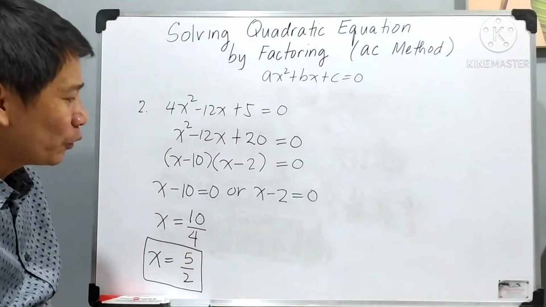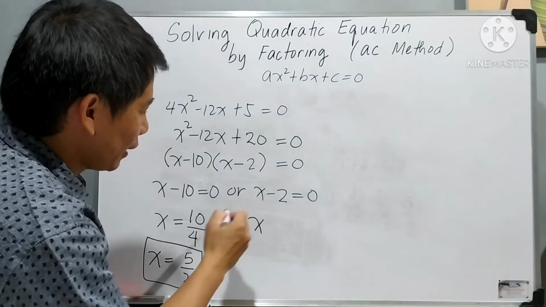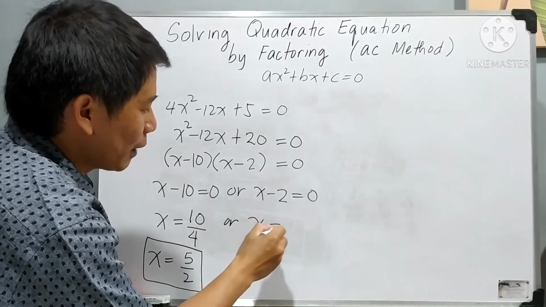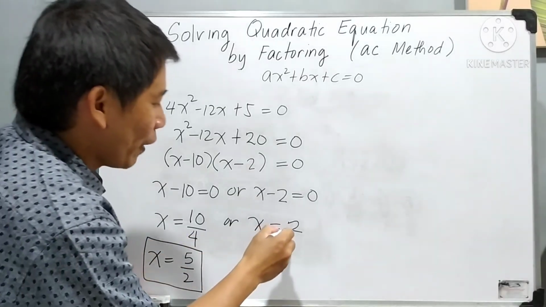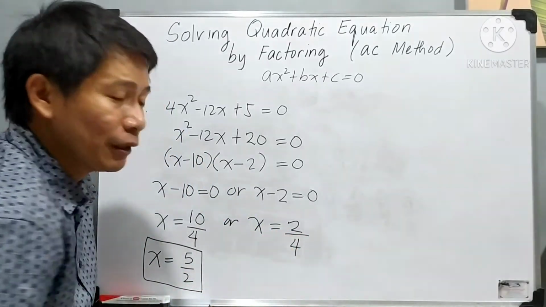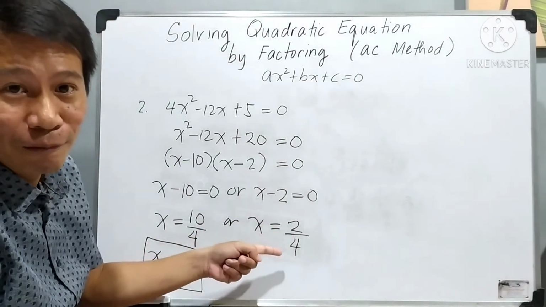5 over 2. For the second one, we have here, solve for x. So, x transpose negative 2. This will become x is equal to positive 2. Divide again by a, which is 4. And again, 2/4, not divisible.